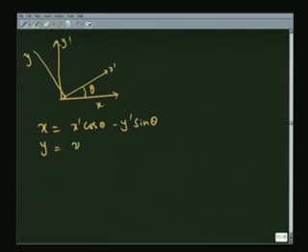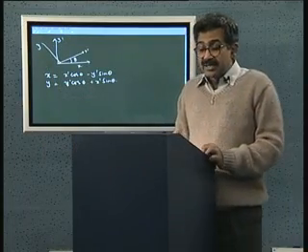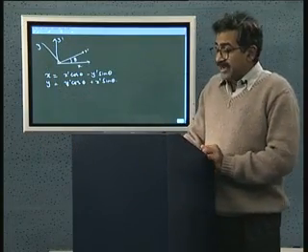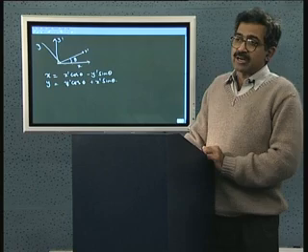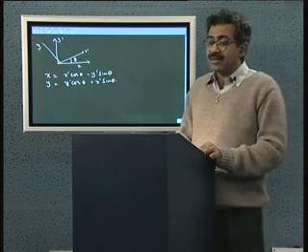So how is my x related to x prime and y prime? x is simply given by x prime cos theta minus y prime sin theta. y is given by y prime cos theta plus x prime sin theta. Given this functional dependence, I can actually express the derivatives with respect to x, y, z in terms of derivatives with respect to x prime, y prime and z prime.